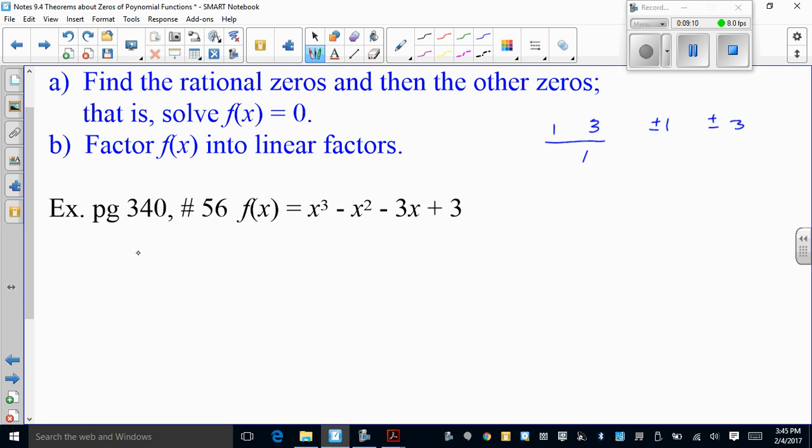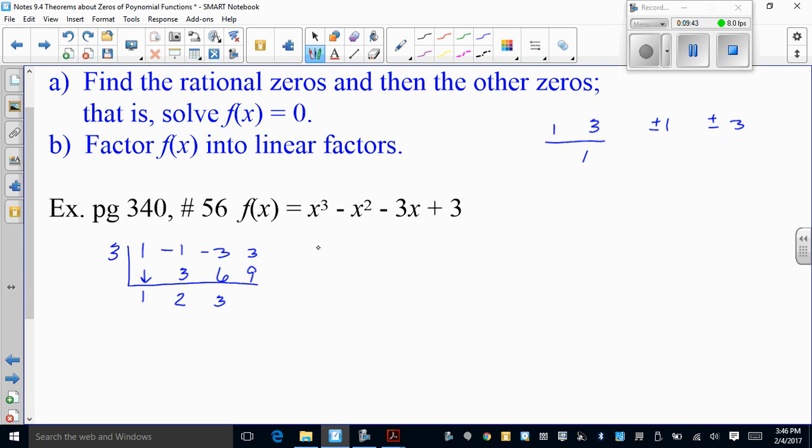So my coefficients are 1, -1, -3, and 3. Bring down the 1, multiply here, I get 3. Here I get 2. This gives me 6. This will give me 3. And I see very quickly 3 is not going to work for me.